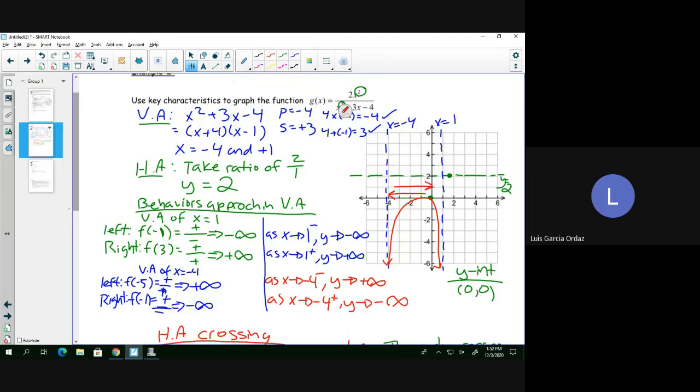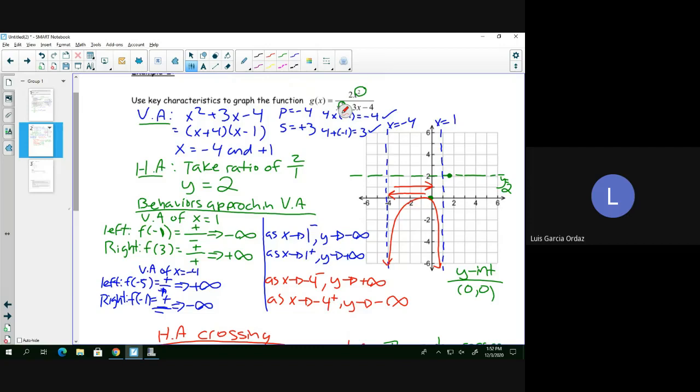Okay, so now let's take that same concept and figure out how to graph the rest of this reciprocal function. So we know the graph only crosses the horizontal asymptote on the right side of the graph.